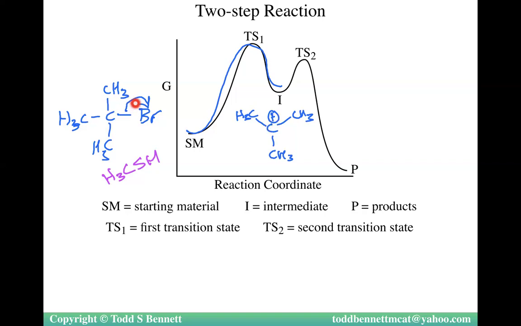So it takes energy to break a bond, but you get a little bit of energy back when it rehybridizes from sp3 to sp2, and you have less steric hindrance. It's more stable. Okay. The second part of the reaction is where the thiol nucleophile is going to come in and form a new bond. So as they get closer together, that's your transition state going up.